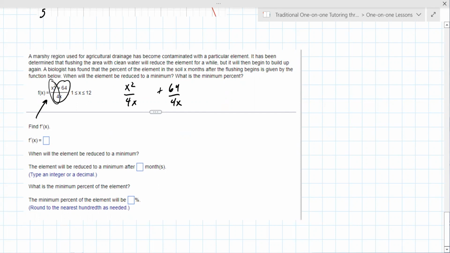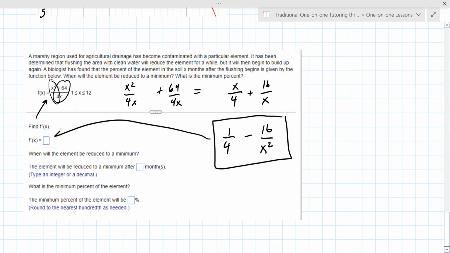What that does is it makes taking the derivative easier. It ends up being x over 4 plus 16 over x. And so your derivative, believe it or not, is 1/4 minus 16 over x squared. So that's your first box there, and that's just power rule. We haven't done it in a week, but it's not anything more complicated than that.